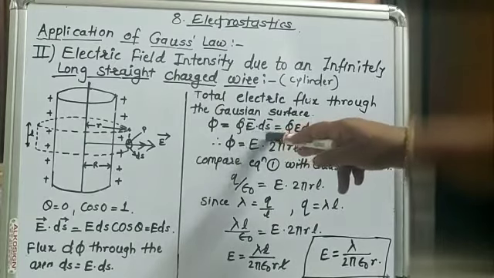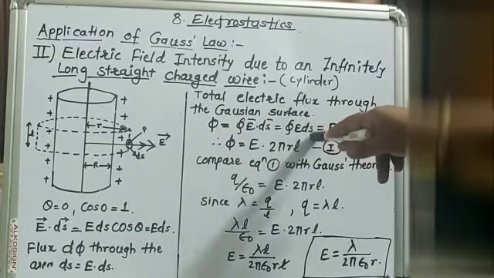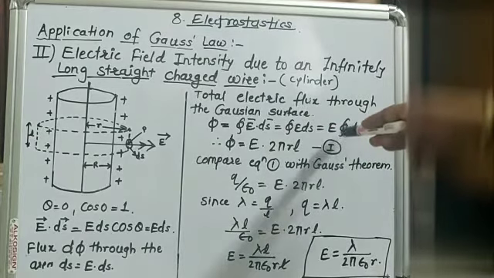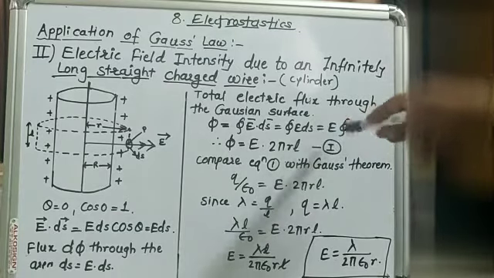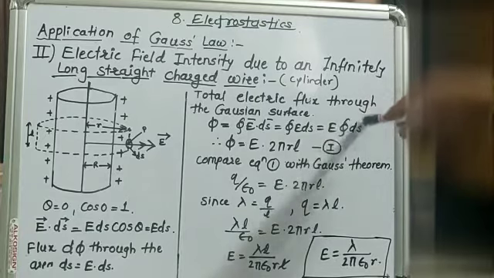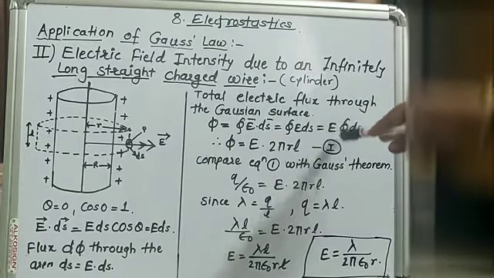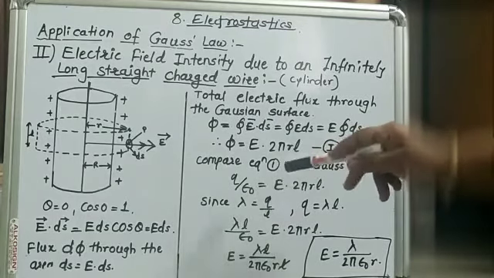Here E is constant, so we take E outside the integration, and the integral of ds is the total area of this wire or cylinder, which is 2 pi r L.